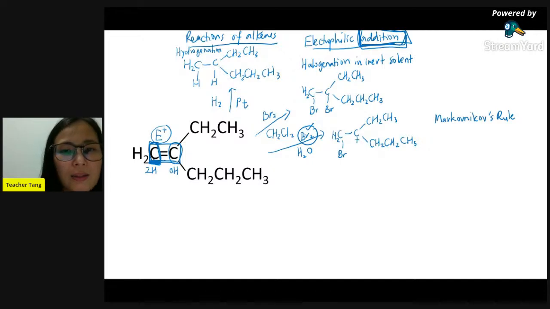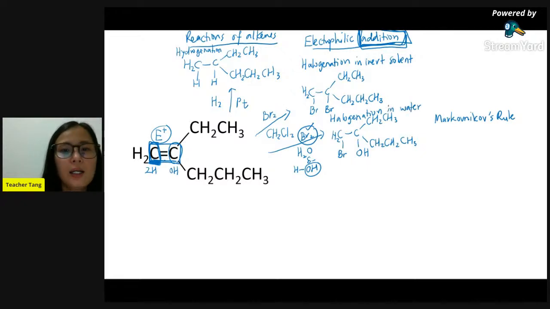And then this is water. Water as a solvent will affect the product. Since it is positive, what needs to go in? It must be the partially negative side of water that goes in to give you the product. So for this one, we are still doing halogenation. Our electrophile is still halogen. So halogenation or bromination, but now the solvent is water.